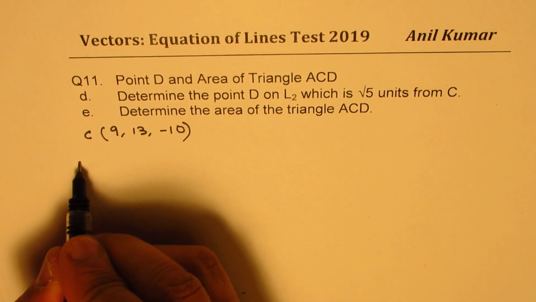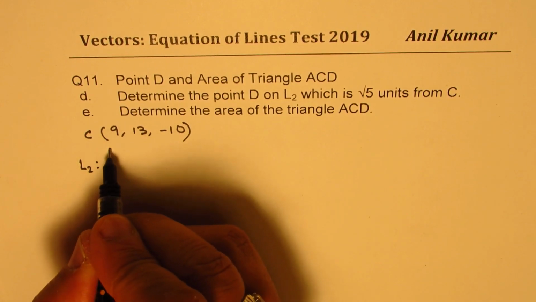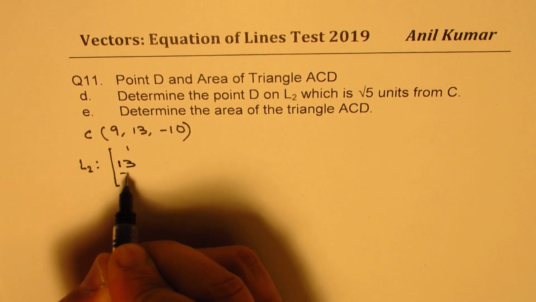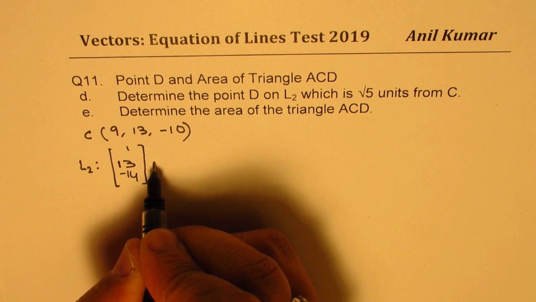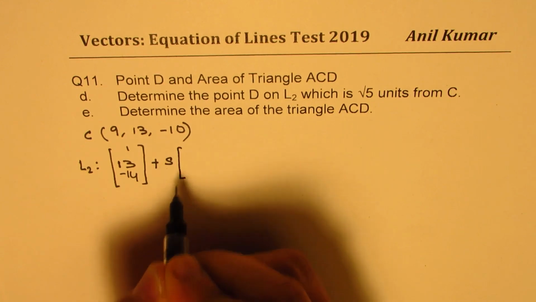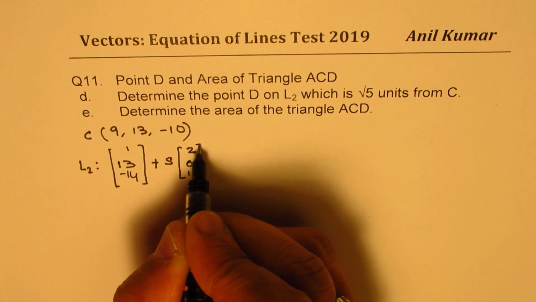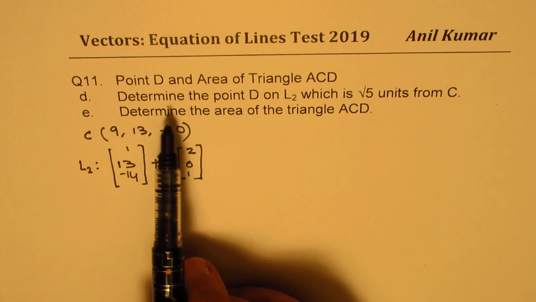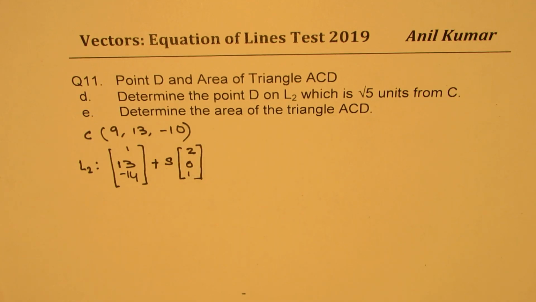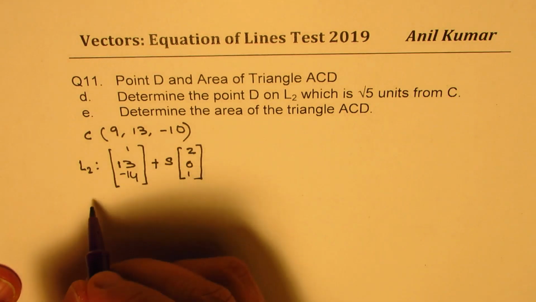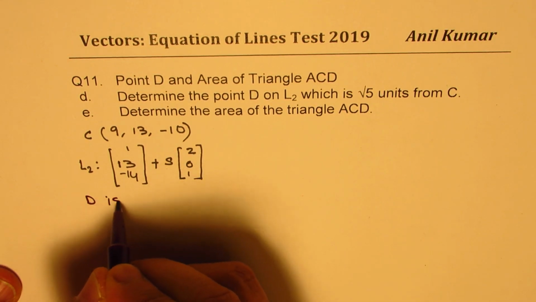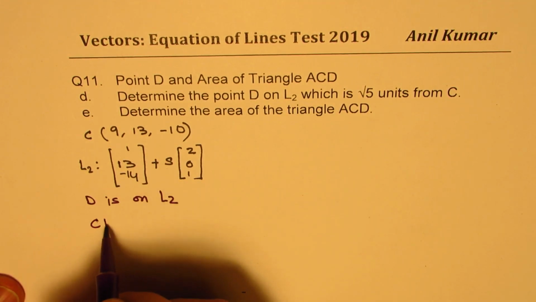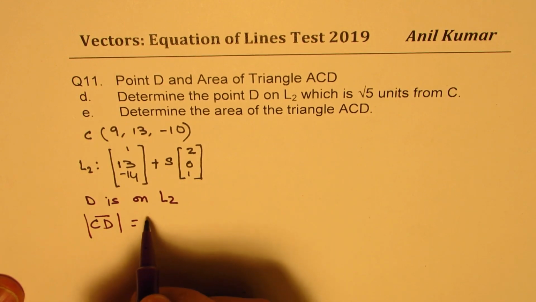And the line L2 for us is 1, 13, minus 14, plus s times 2, 0, 1. Correct? So that is the line. Now we need to find a point D on L2, so that the distance CD, the magnitude of this, is square root of 5.